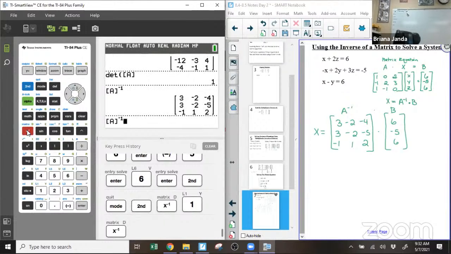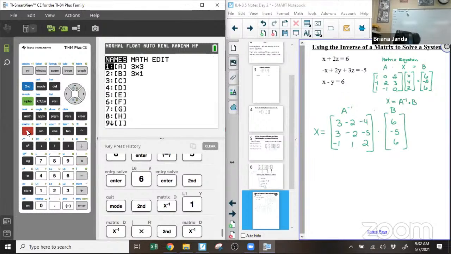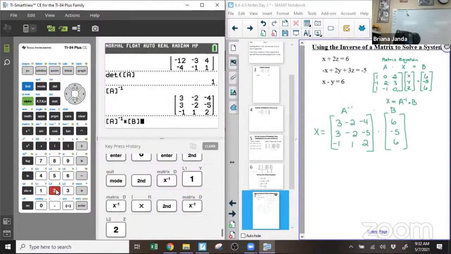And I want to multiply times matrix B. So I now go get matrix B. Again, under my names menu, arrow down to B and highlight or hit 2. And that's exactly what I want my calculator to do, right? The inverse of A times B. And all I have to do now is hit enter and it'll do that multiplication for me.